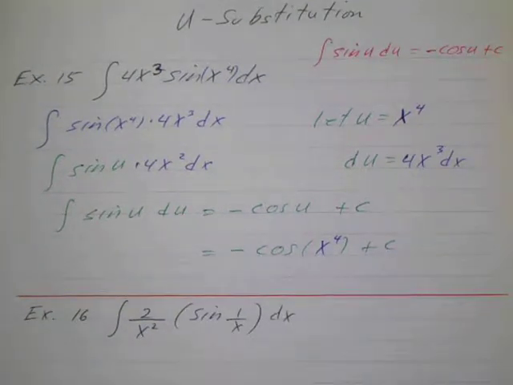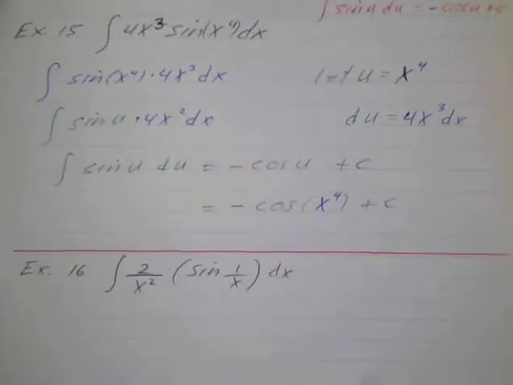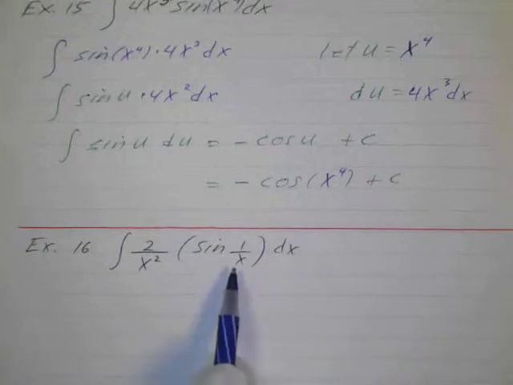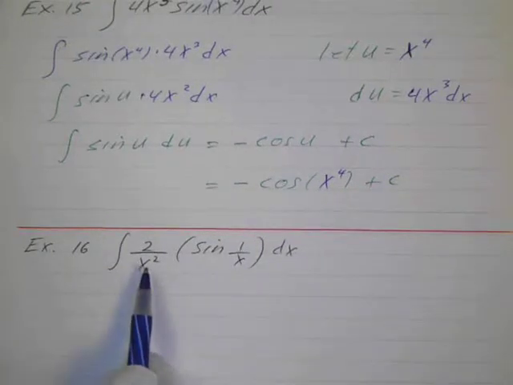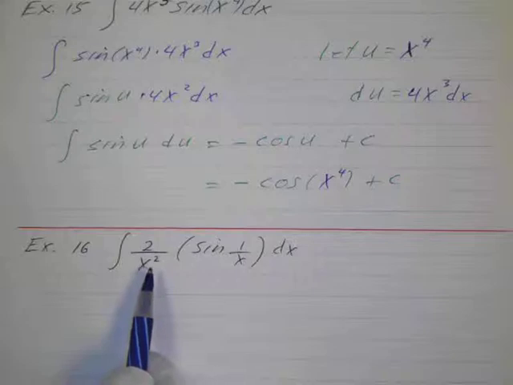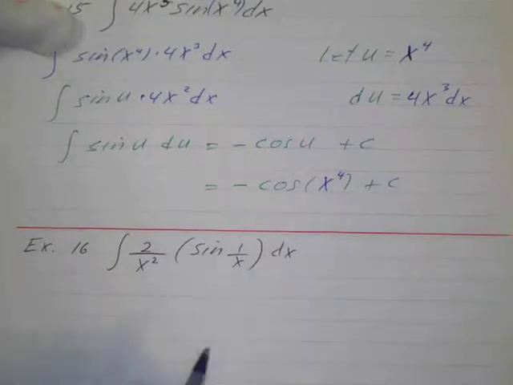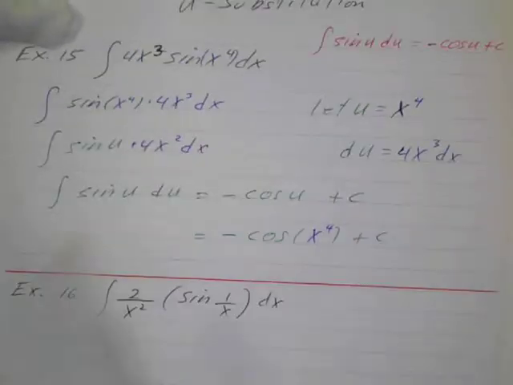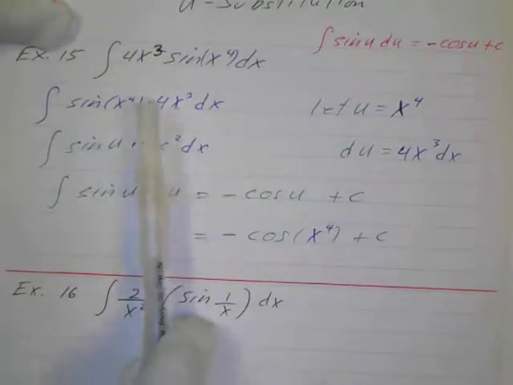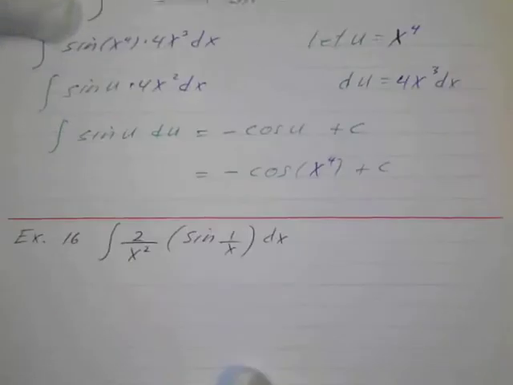Well, that didn't take very long, so let me try number 16. And again, this might throw you, but remember, what's the derivative of 1 over x? Negative 1 over x squared. So that looks like a good candidate for part of our du. So what I'll do is take the 2 out. We always like to take the constant out, although in the first one I didn't take the constant out because I could see that it was going to play right into my derivative.